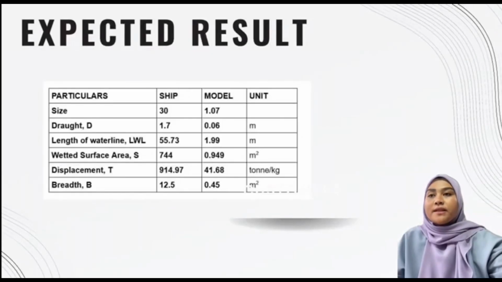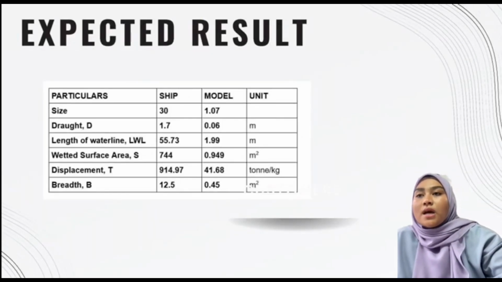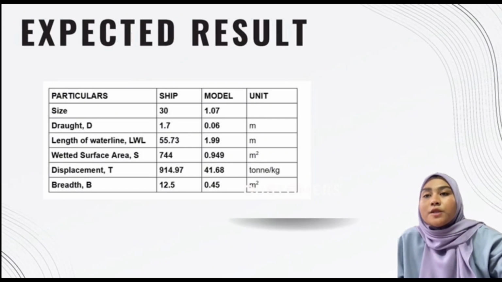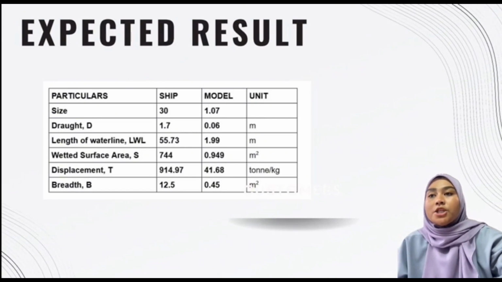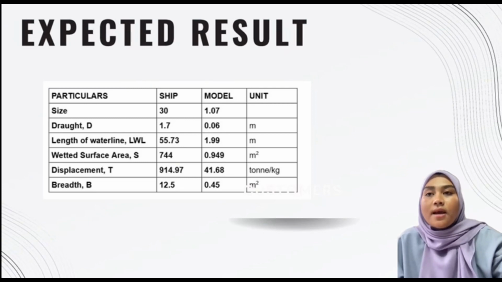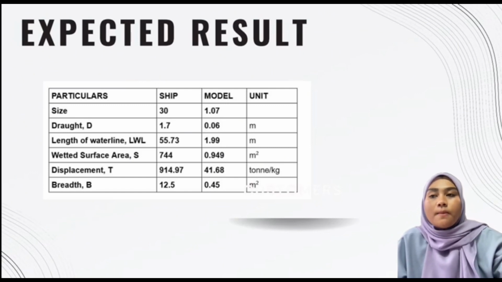Continuing to the expected result, our group is currently engaged in the experiment where we are performing calculations related to a ship. In this process, we have made certain assumptions about the ship particulars, which include various characteristics and specifications. Those assumptions serve as the foundation of our calculation.